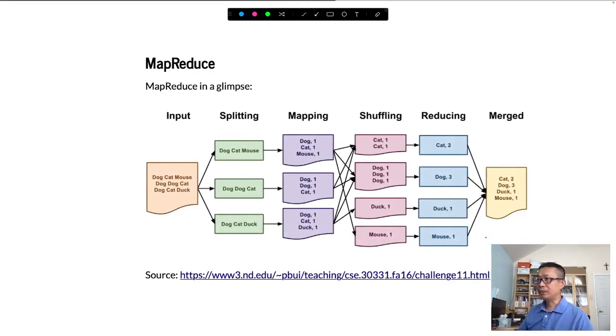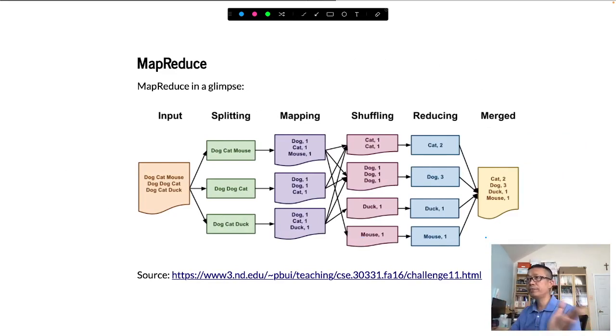Without the low-level details. And so this is an overview of the big picture of MapReduce, okay? And so this picture is to show you how it works with MapReduce when it comes to aggregating and perhaps computing basic statistics about words.